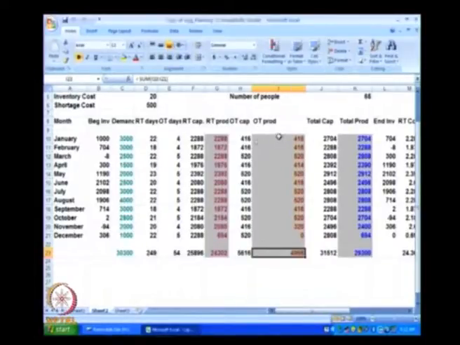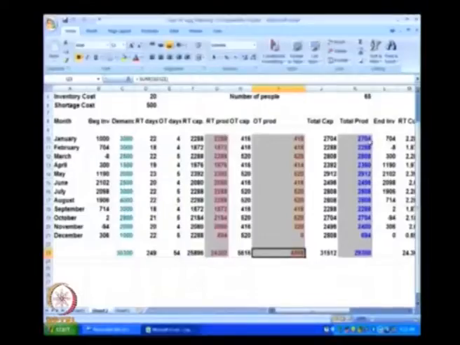This is because regular time production is assumed to be cheaper than overtime production, and therefore the moment we decide on 2704, we will produce the maximum possible through regular time and the balance will come to overtime.